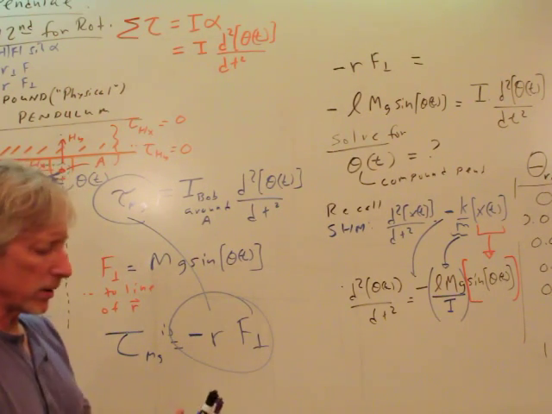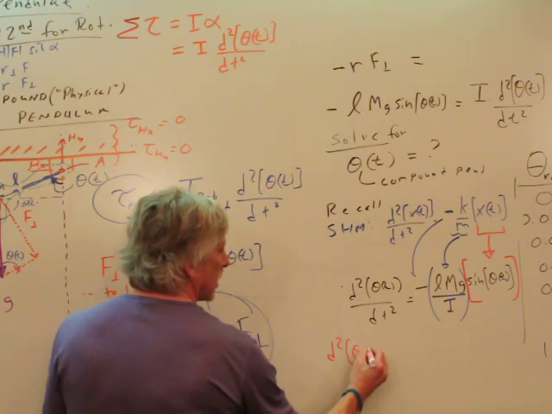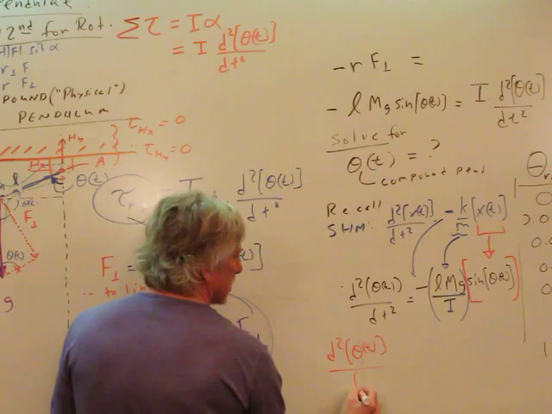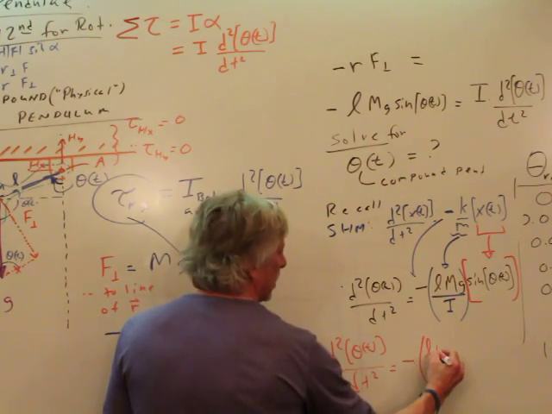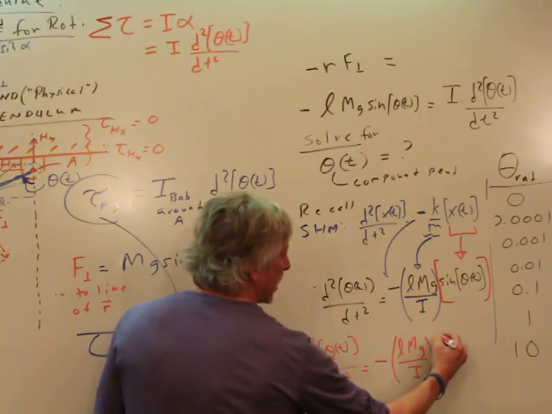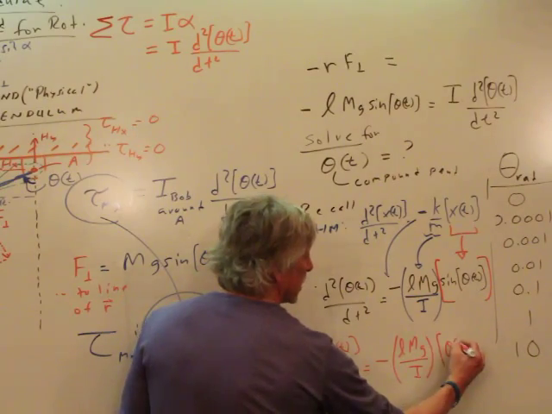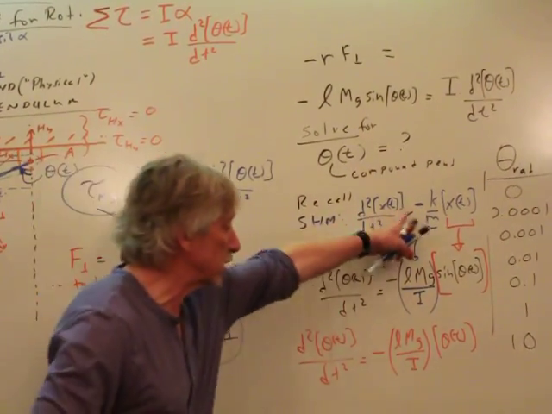Well, if that was d squared theta of t dt squared equals negative L mg over I times theta of t, well, then I'm good, because that's exactly the same form.